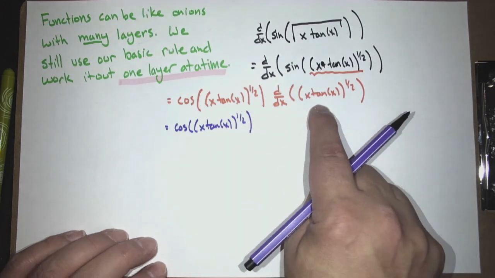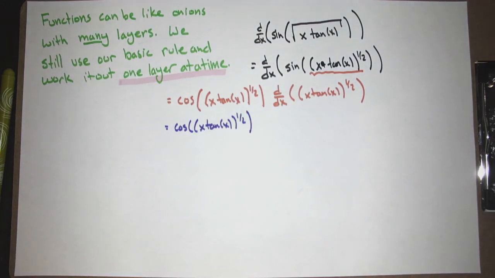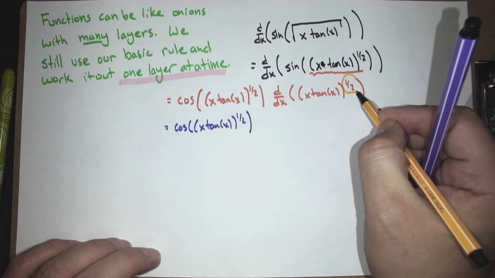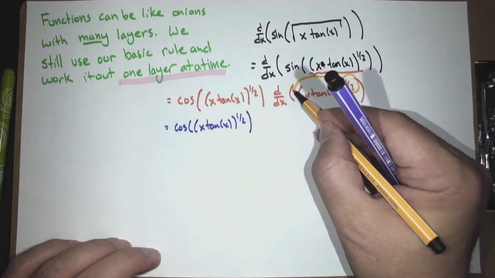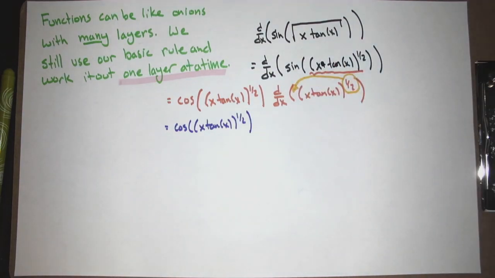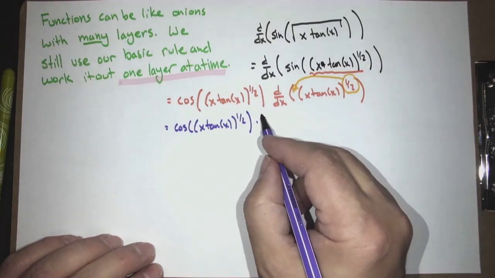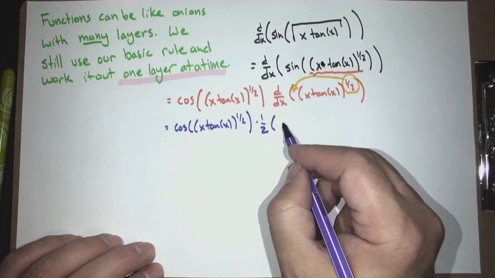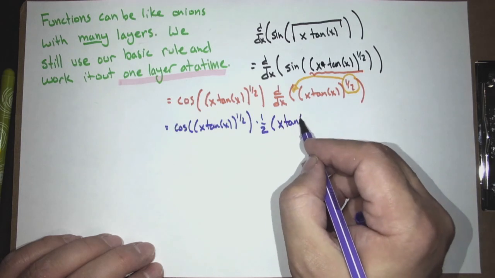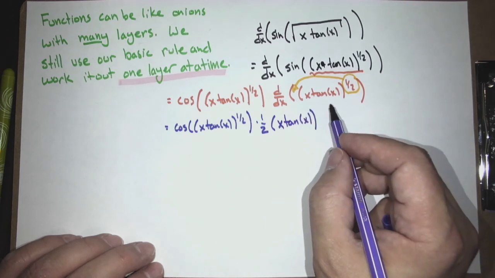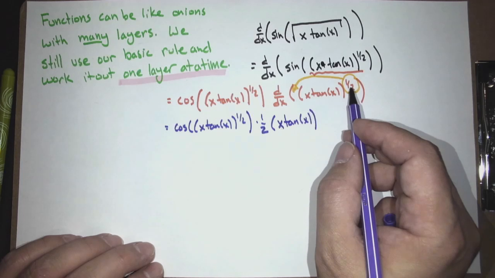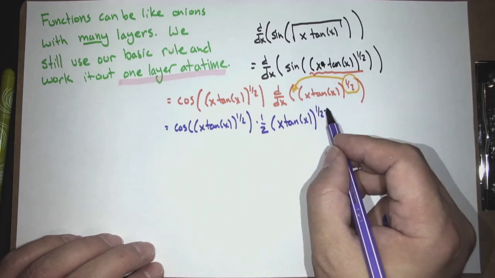Our next layer, what's our outside function? The square root, to the 1/2 power. Good. So what do we begin writing down? Whenever you have something to a power, the power comes down. So what's the next thing to write? 1/2. Inside, leave it alone for right now. To what power? Negative 1/2. You can even write it as 1/2 minus 1 if you like.